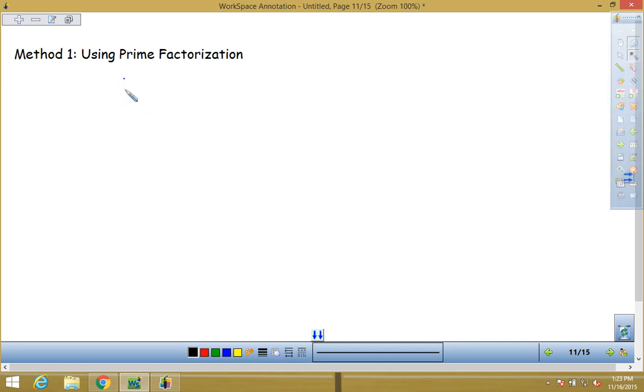Okay, now let's use 36 and 45. So use the factor tree for that.